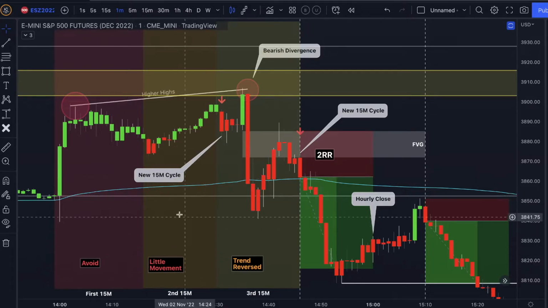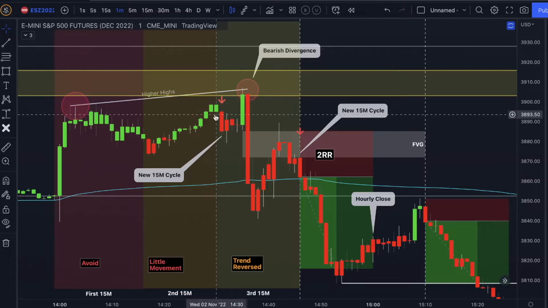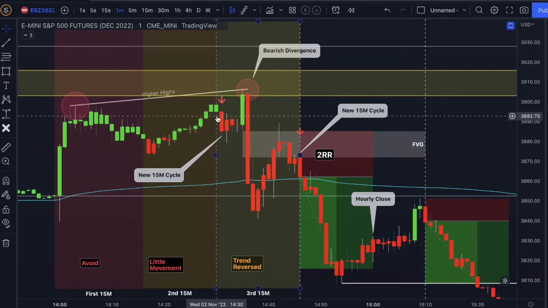In the next 15-minute candle, we broke down here at the beginning, maybe trapping shorts, maybe traders that only look at 15-minute charts were trapped short here, and then they continued moving it up higher, higher, higher, above this previous high within the first 15 minutes. And on the next 15-minute candle window, basically, the trend reversed. So with the next 15-minute candle, lots of 15-minute traders were trapped as well.